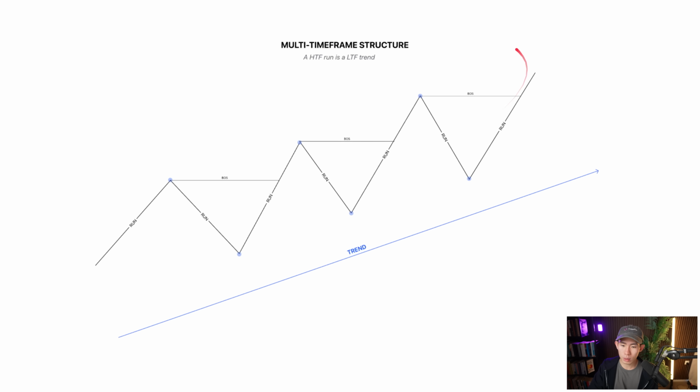But within this trend itself, there are certain legs, right? So we will call each one of these legs a run, right? So price goes up, pulls back, goes up, pulls back, creating higher highs and higher lows, right? So each one of these legs where price is pulling back or price is continuing is counted as a run. So looking at this, it basically said a higher time frame trend is a higher time frame run is a lower time frame trend.